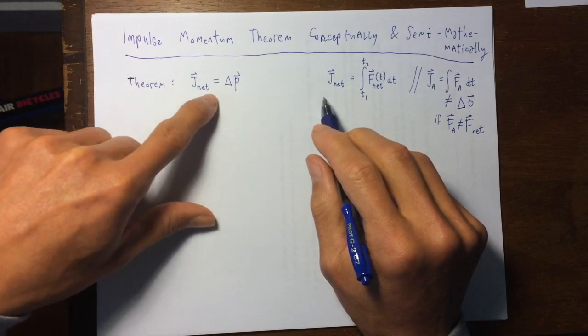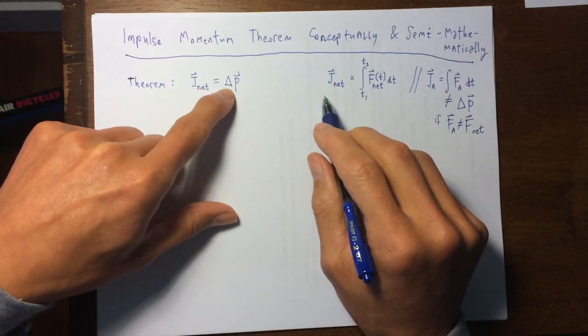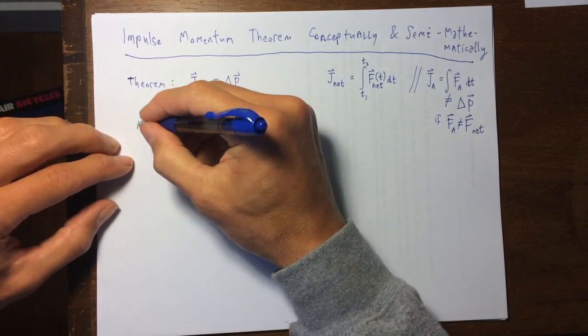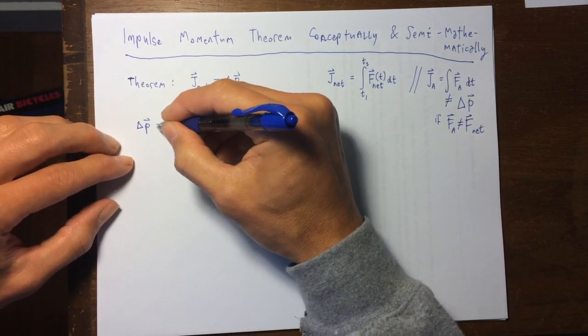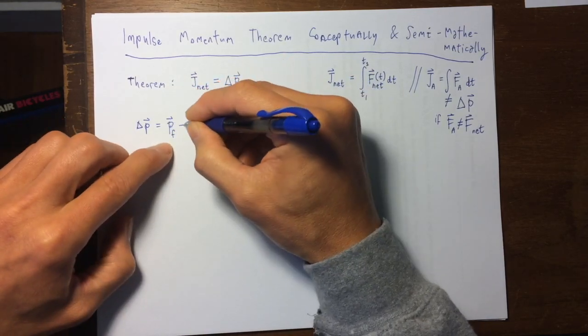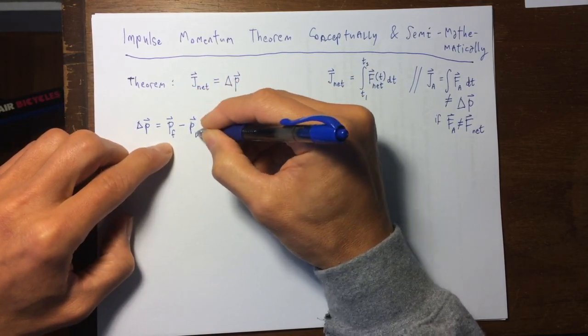So this is the impulse momentum theorem, but I'd like to think about delta p. This is how you define it: it's p final minus p initial.